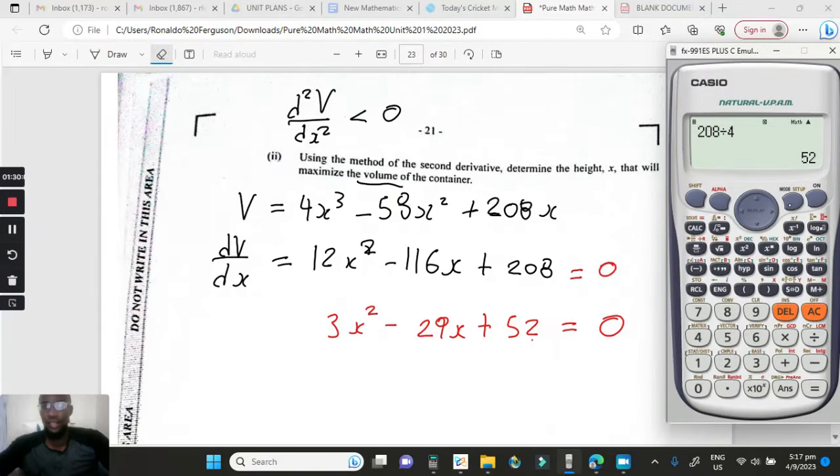So go to the calculator and put in the equation. That's the day and age we live in, guys, where we have the benefit of using a calculator. So now we put in A is 3, B is negative 29, and C is 52. I'll solve it. That's why we couldn't factorize it anyway.